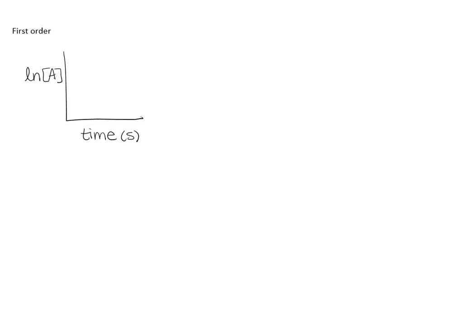The linear curve looks like this. Our slope is again equal to negative k, and our y-intercept will be the same function as the y-axis, only for A naught instead of A. So that means our y-intercept in this case is ln of A naught.